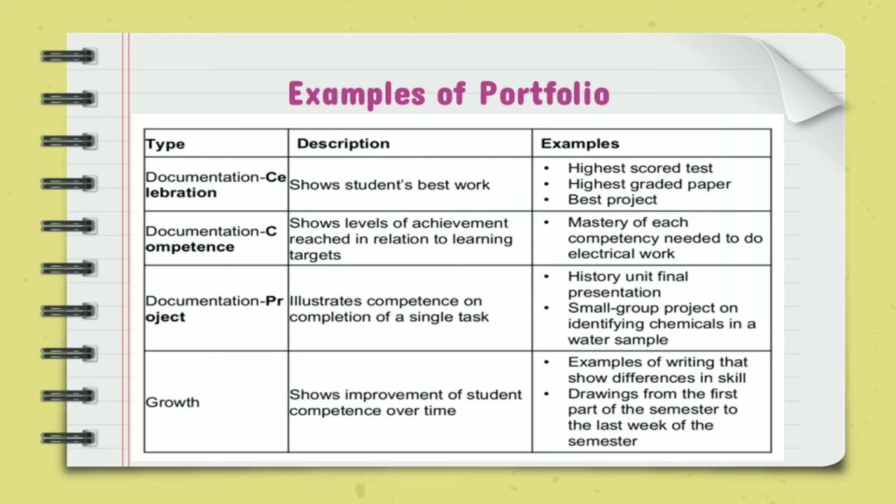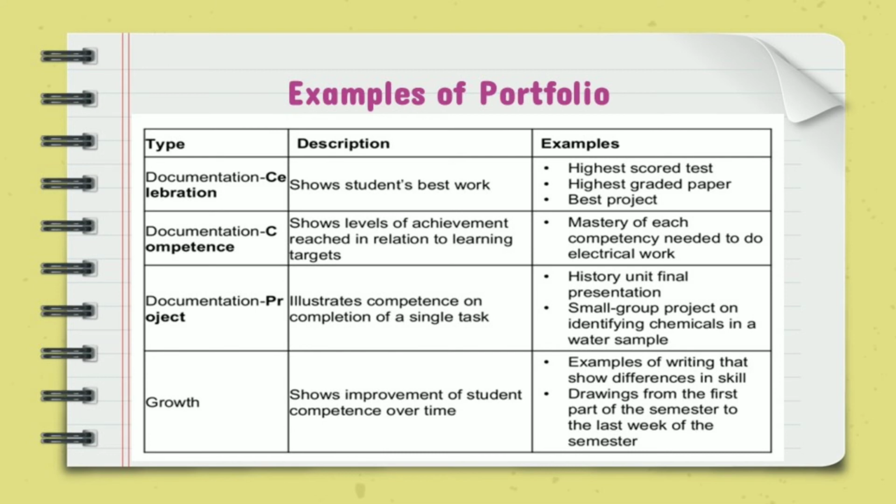Here are the examples of portfolio, which are divided into two, the documentation and the growth portfolio. However, the documentation portfolio can be subdivided into three, such as the documentation in celebration, which shows students' best work.